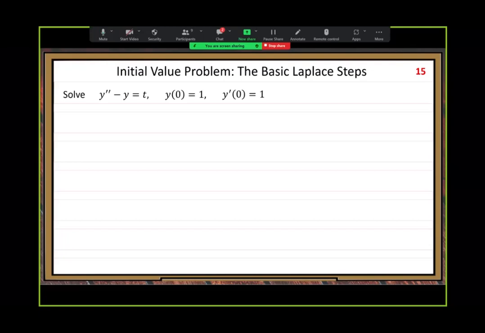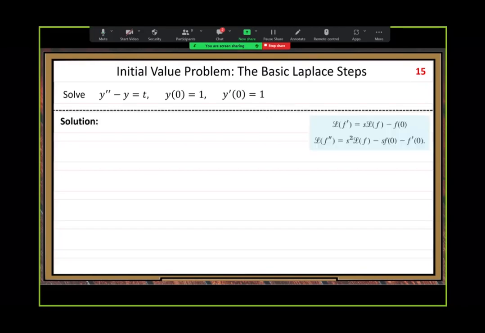Here, let's try the Laplace transform. We want to see how powerful it is. All right, let's look at these two formulas again. The first derivative formula we do not need to use, because that derivative term is not there.